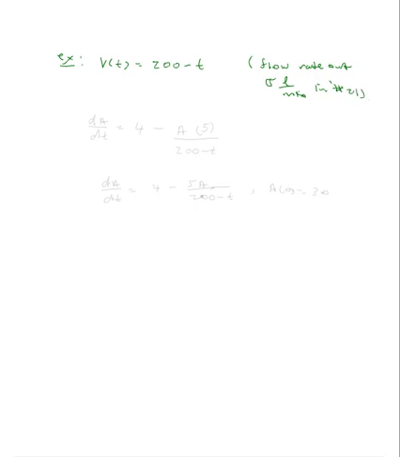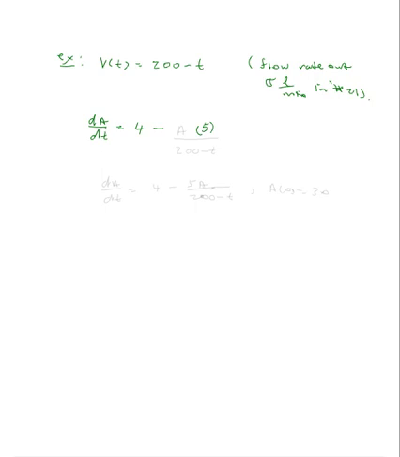Now, this is going to change the differential equation, but how we arrive at the differential equation is exactly the same. We say the rate of change of salt is the rate at which salt is coming in, which is still 4 grams per minute. And then we need to subtract the rate at which the salt is going out. Now, it's going out at a rate of 5 liters per minute, so there's the flow rate going out. We need to multiply that by the concentration at time t.